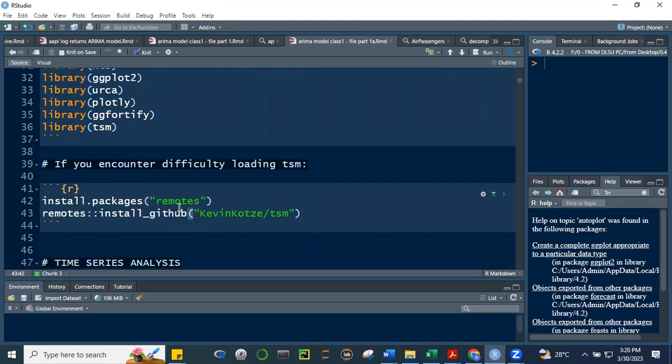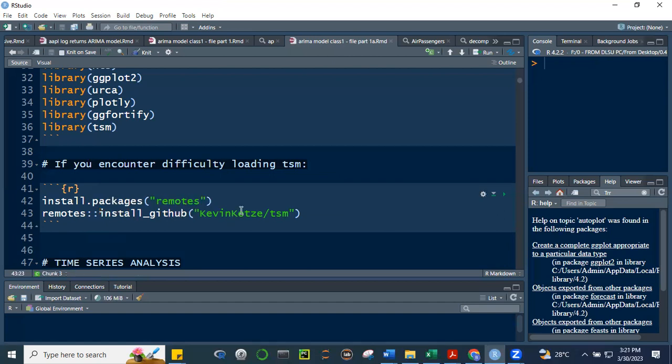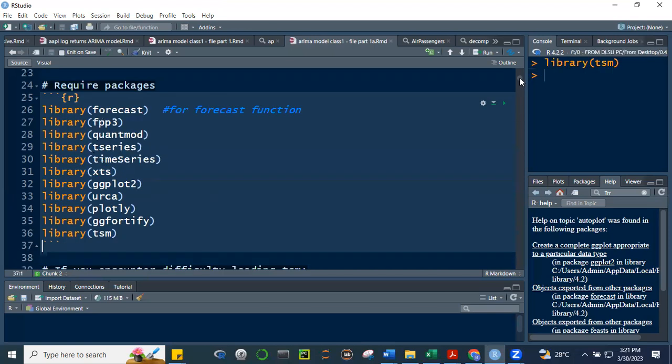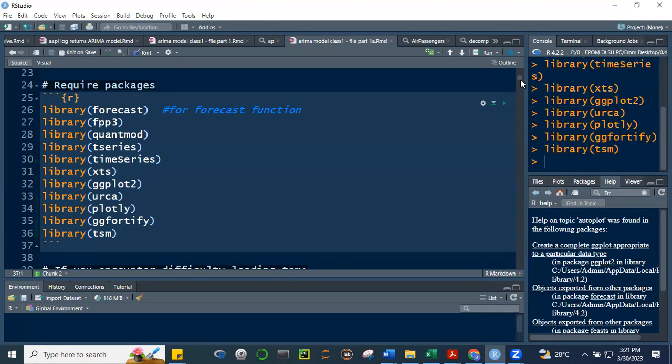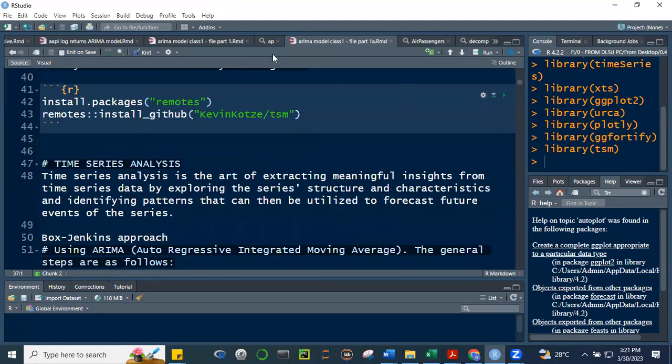Use the remotes namespace, where install_github comes from, and it will get that package from Kevin Kotzé's GitHub. So kindly just run this. Let me also run these packages. All right, when you're done, please kindly chat.